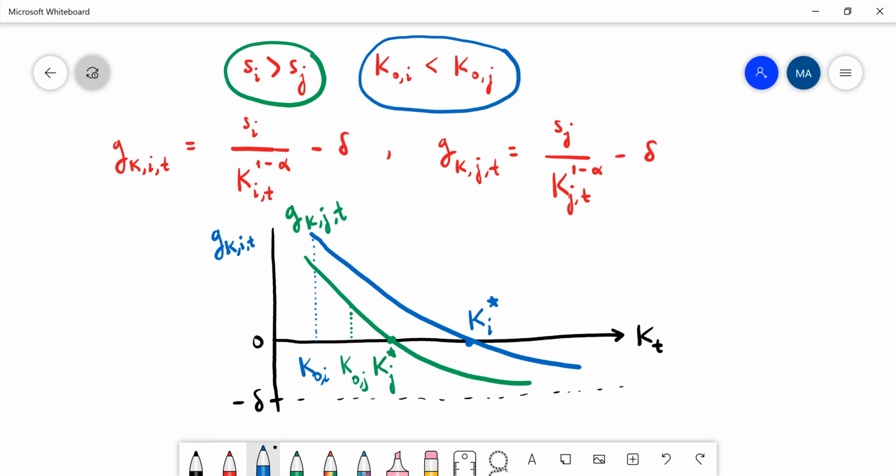K_0J is larger than K_0I. So what do I see? Well, at time 0, growth rate will be larger in country I, because country I is here, but country J is here.